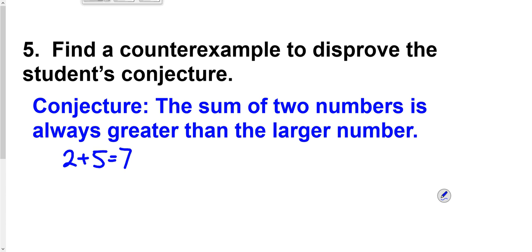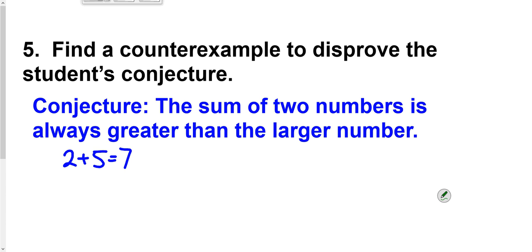But we want to write a counterexample that would disprove this. So think about it just for a moment. How could we disprove the statement that the sum of two numbers is always greater than the larger number? Hopefully you're thinking of negative numbers.